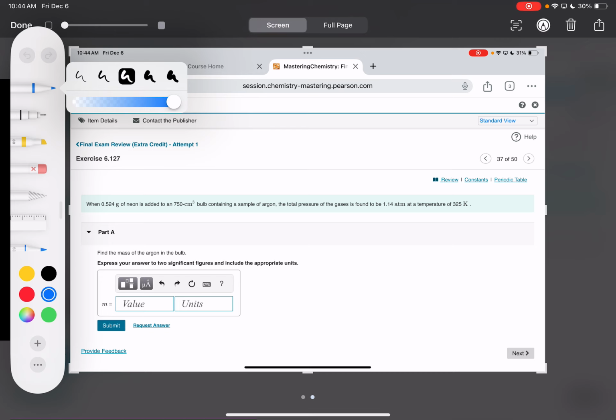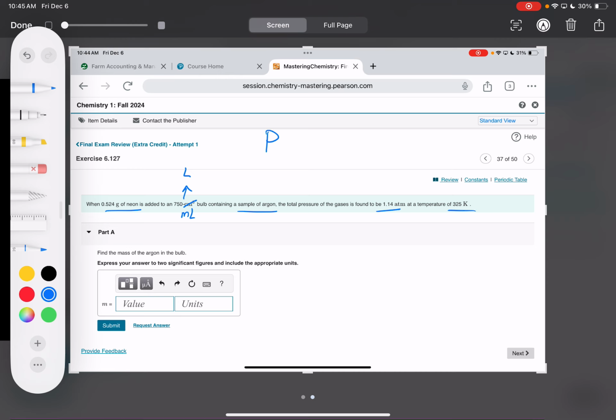Okay, so you've got a mixture of neon, because it says this many grams of neon is added to a bulb. So we're going to need to put that in liters. That's your volume. Just so everyone knows, centimeters cubed is the same thing as milliliters. And then it says it has some argon, and it gives us the total pressure and the temperature.